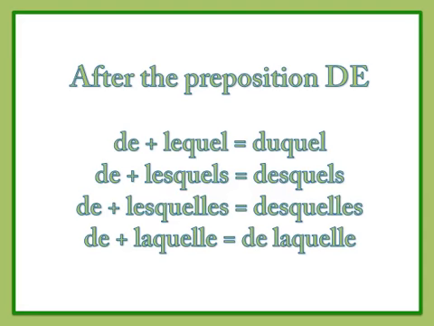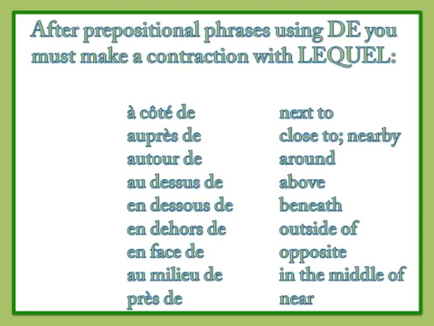Now, before I show you a few examples, I do want to show you, this is not a complete list. This is just a list of some very common prepositional phrases using de, okay? And it's just to show you, and you'll see this in the quiz in a little while. After prepositional phrases using de, you must make a contraction with lequel. You can't forget to do that.